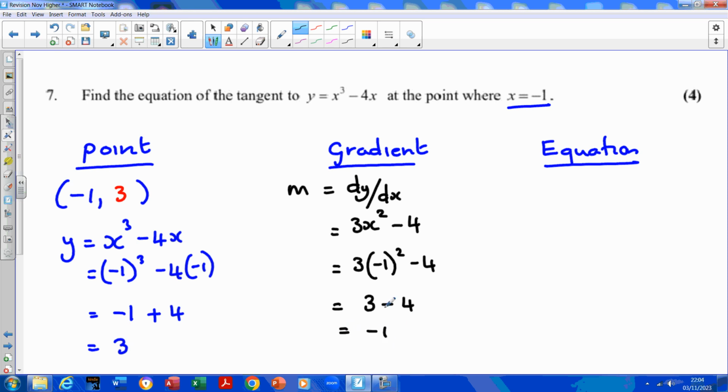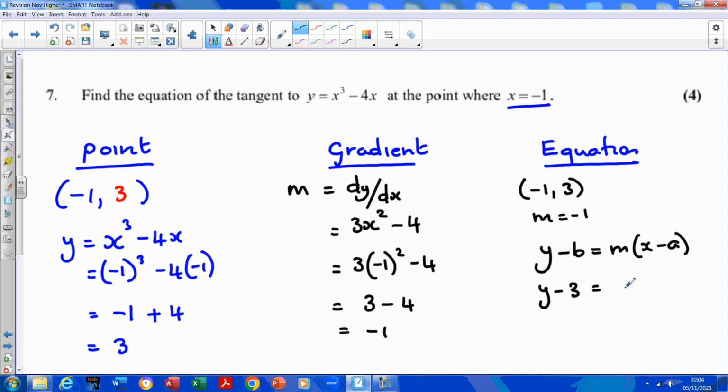So now I've got the gradient and I've got the point. So I've got -1, 3, and the gradient is equal to -1. So y minus b is equal to m times x minus a. So y minus 3 is equal to -1 times x minus -1, so it's x plus 1.